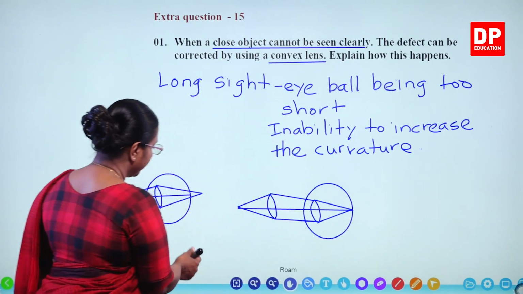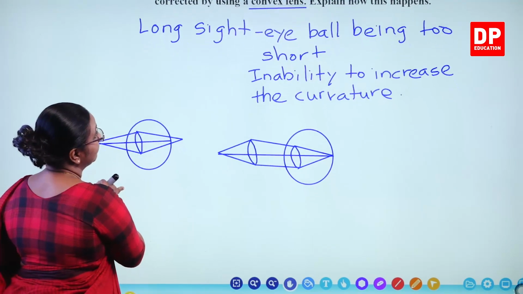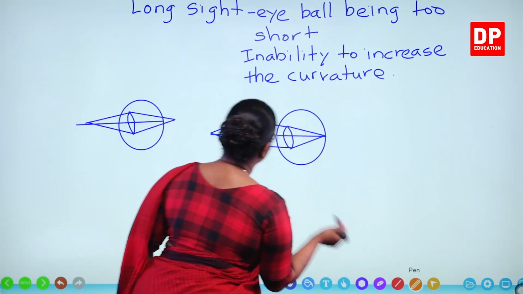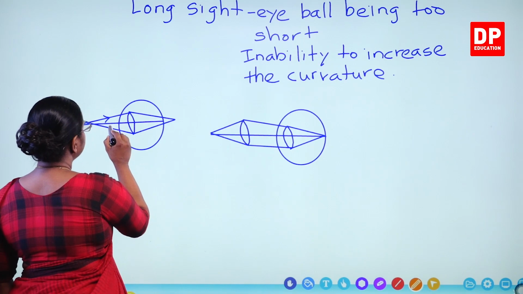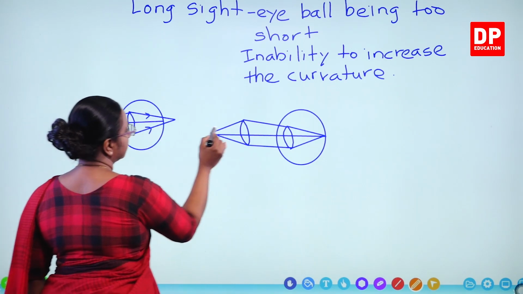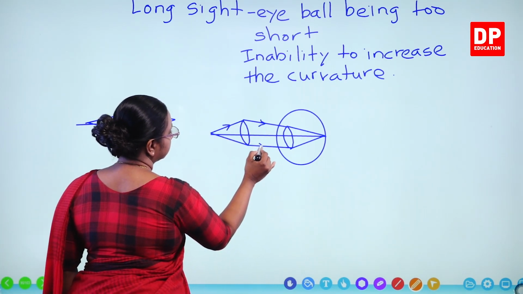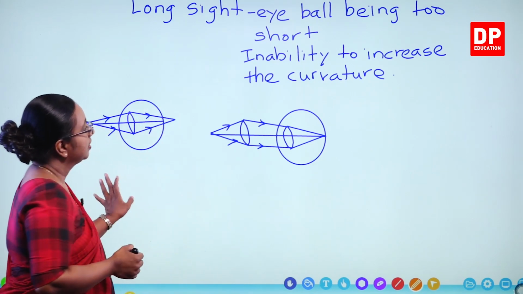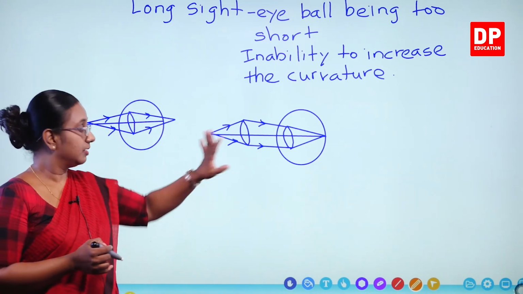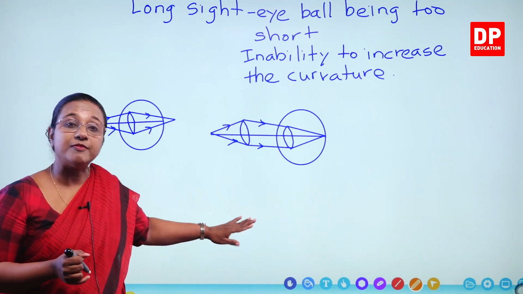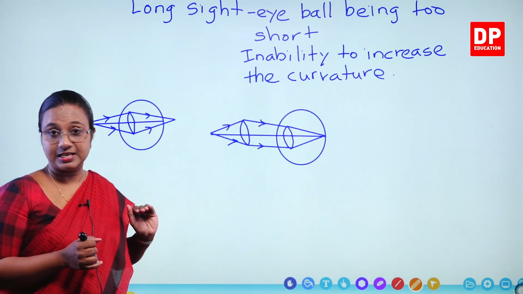So, this is what you all have to explain. These are the light rays. This is the explanation. You have to write it as the correct answer.